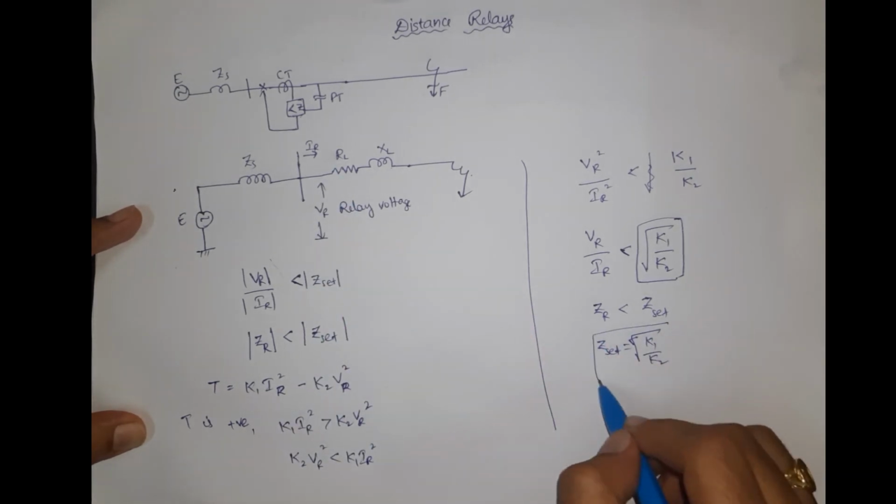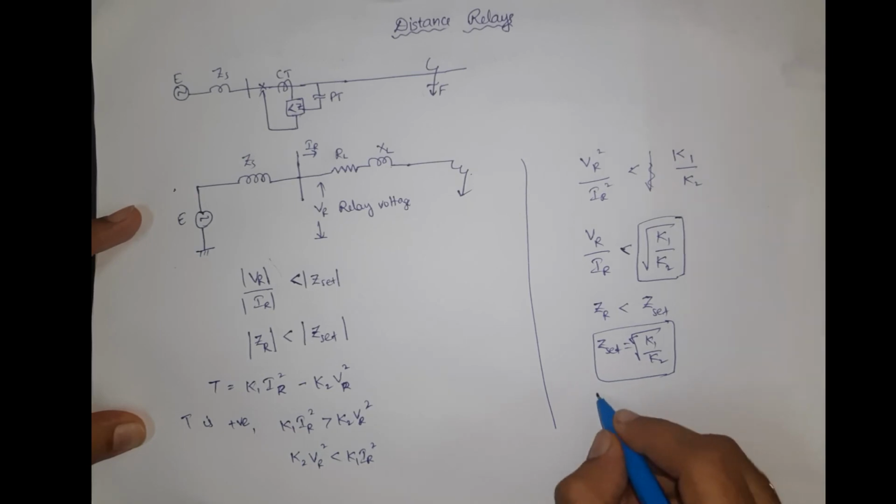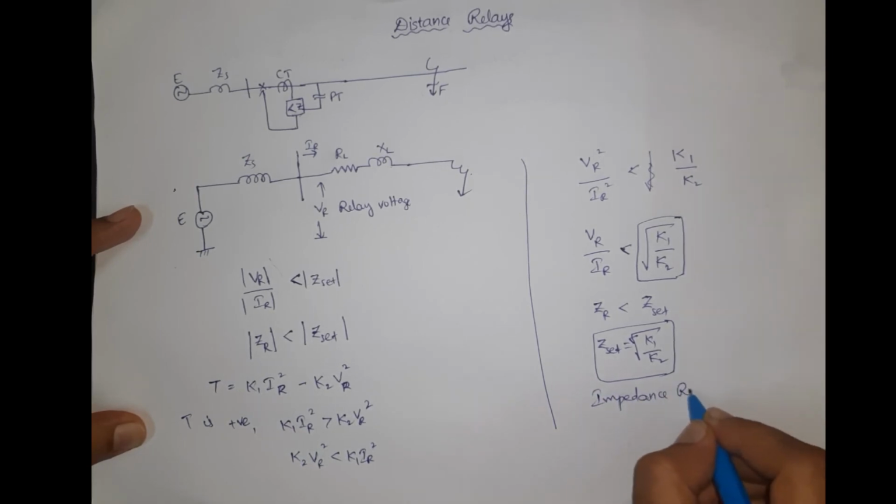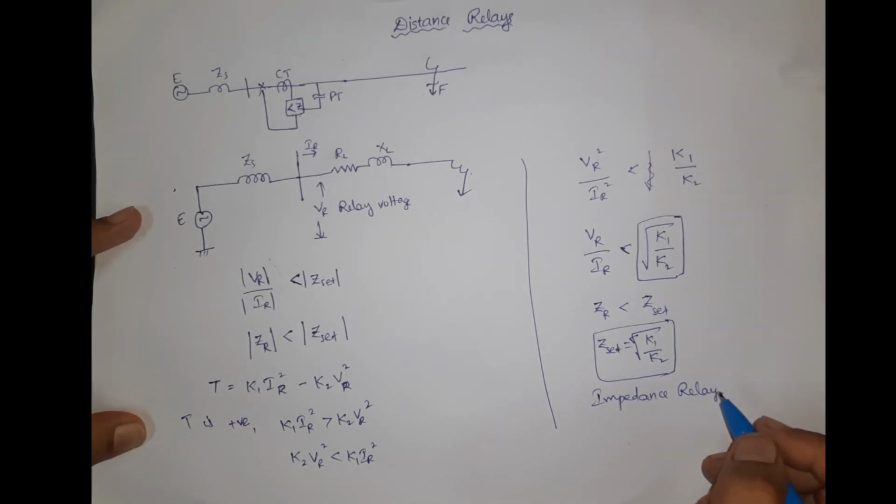So this is the case of the impedance relay, right? In this way, different types of distance relays are there: one is the impedance relay, the reactance relay, and the mho relay. We are going to see them one by one in the coming lectures. Thank you.